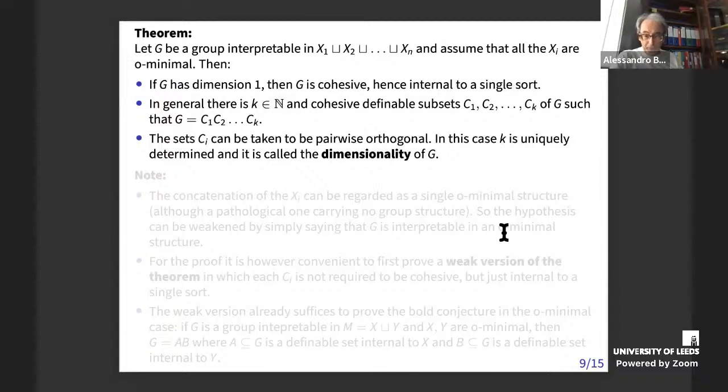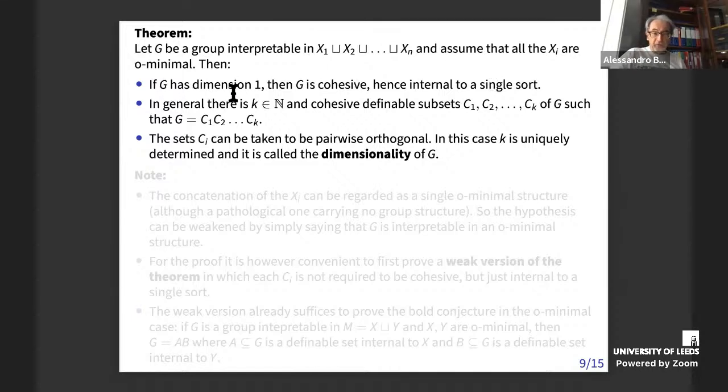If you have a group interpretable in the disjoint union of finitely many o-minimal structures, so all the structures are o-minimal and they are orthogonal, then you can prove that if G has dimension 1, then it's cohesive. And in particular, it's internal to a single sort by properties of cohesive sets.